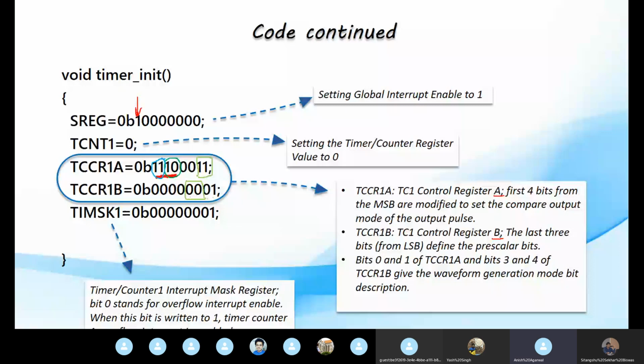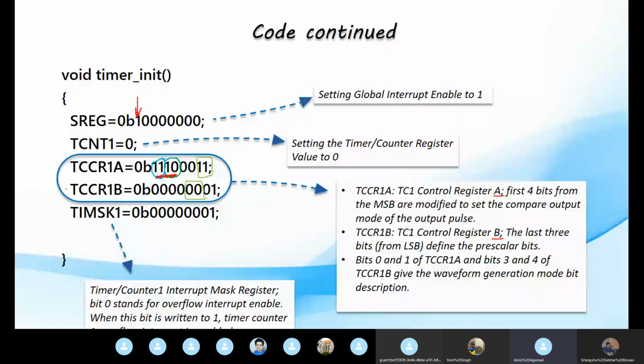The last two bits of the TCCR1A are for the wave generation mode, but for any pulse, as I told you, we need attributes from both the registers. We have TCCR1A and we also have TCCR1B.